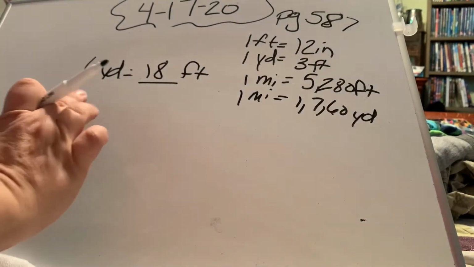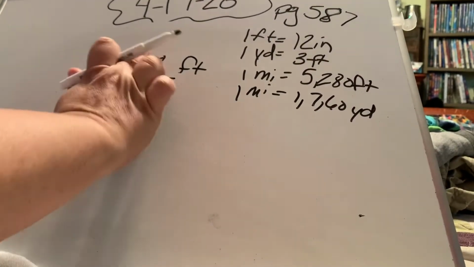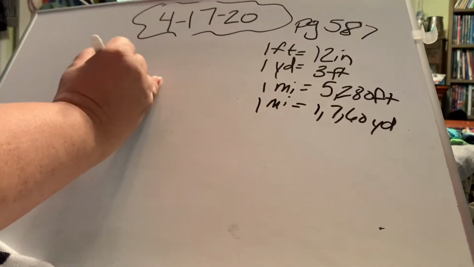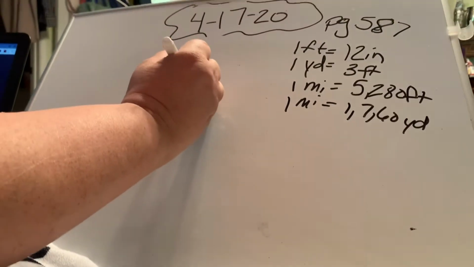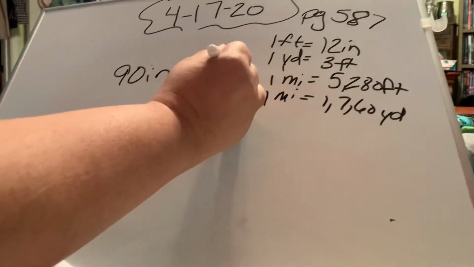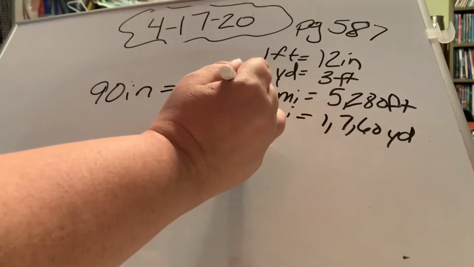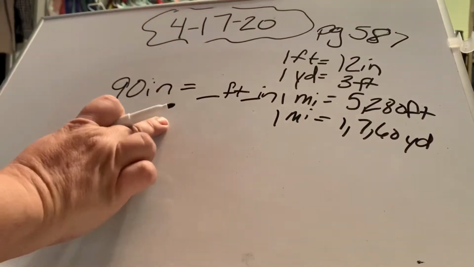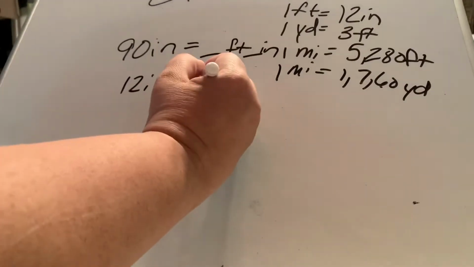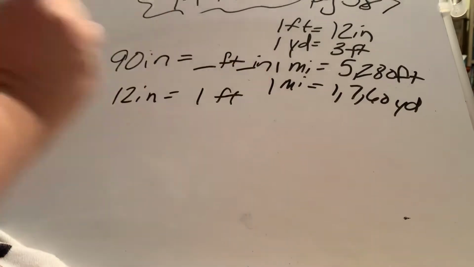All right. So, let's try number 3 real quick, okay? Number 3 says, we are going to go from 90 inches to feet and inches. So, again, inches. You're going from 12 inches to 1 foot, right?